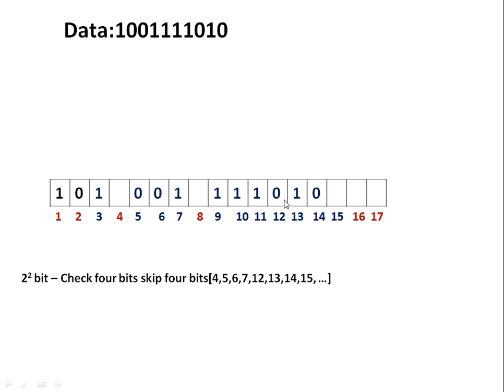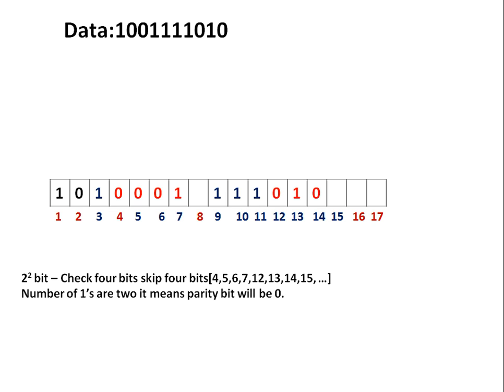Again we would consider 12 13 14, but we don't have any bits there, so we process only till here. These are the bits which are going to be considered in the calculation of parity for the fourth position. If we count the number of ones, 1 2, the number of ones is already even, so in that case this bit will also be 0.